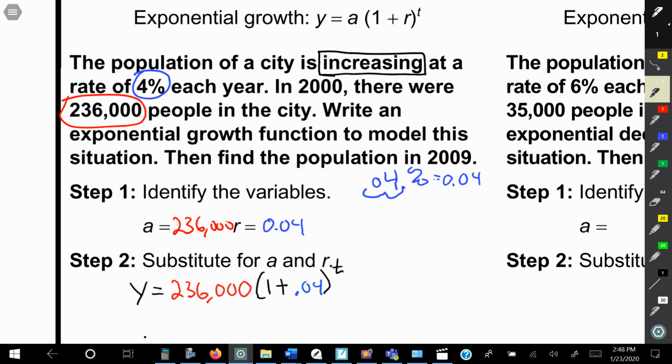All right. So that's going to get us our exponential growth formula for this particular situation.